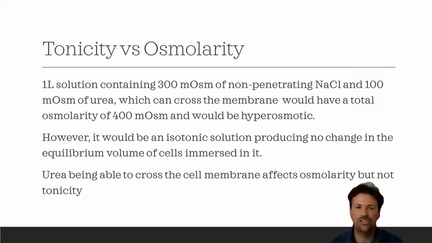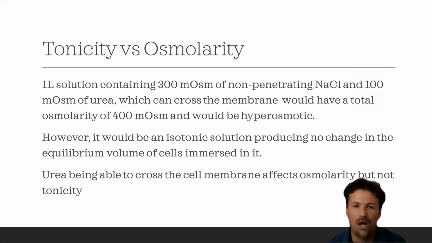Imagine you have a solution that contains 300 milliosmoles of sodium chloride. Sodium chloride cannot cross the cell membrane, so it's impermeable. But that solution also has 100 milliosmoles of urea. The total osmolarity of that solution is 300 plus 100, which is 400.